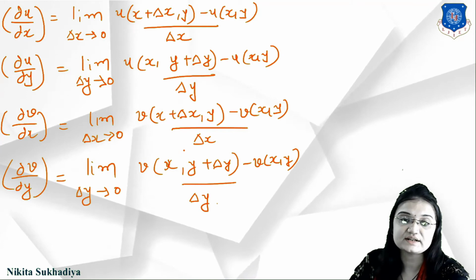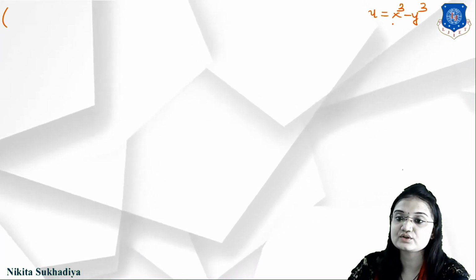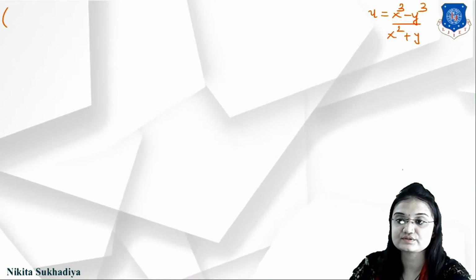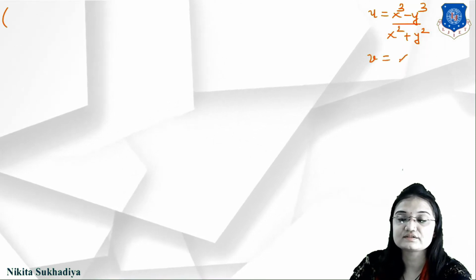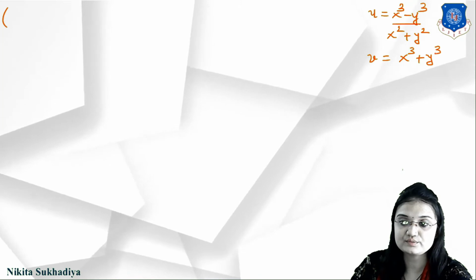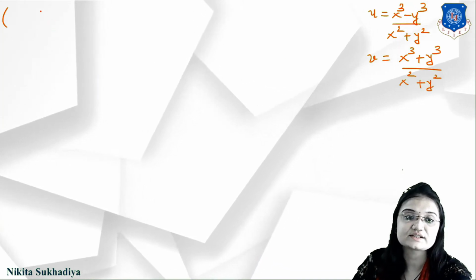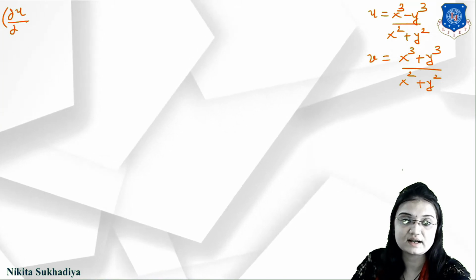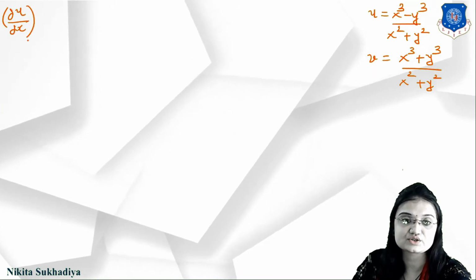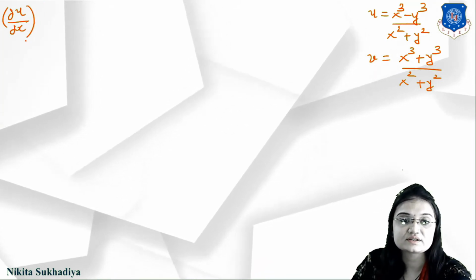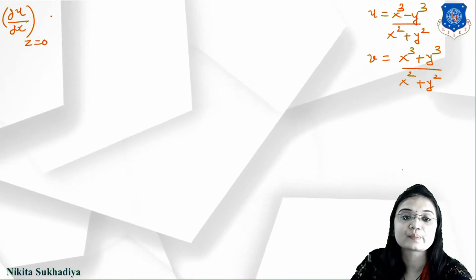Okay, so let's start with del u by del x. So here you can clearly see that u is equal to x cube minus y cube upon x square plus y square, and v is equal to x cube plus y cube upon x square plus y square. So let's start with del u by del x at the origin. So at the origin, our z is equal to 0.